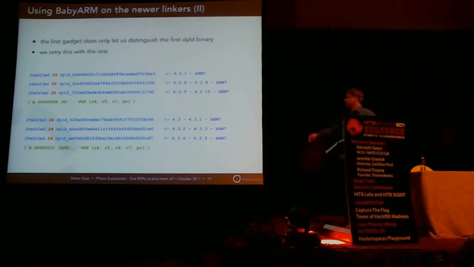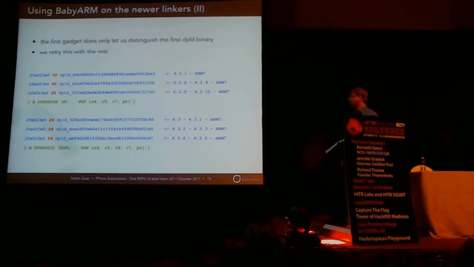And the other gadget starts at position 4 also, but it takes the program counter from this position 24. So now by using 2 gadgets, we obviously can distinguish between the first one, the ARM6 one, and we can distinguish between these 2 groups.